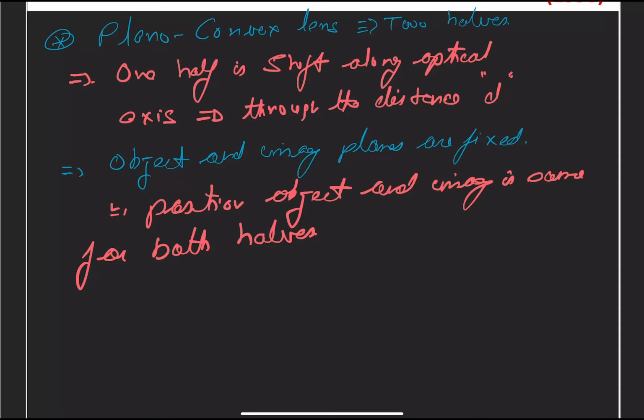The only thing is that as only one lens half is shifted, the effective object and image distance is going to change slightly for each half, and that will result in a change in the magnification.